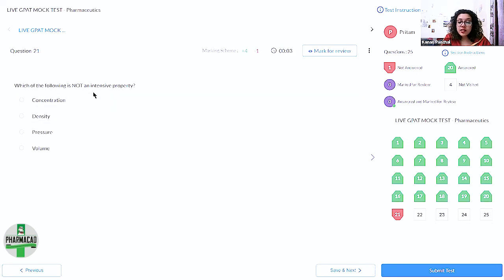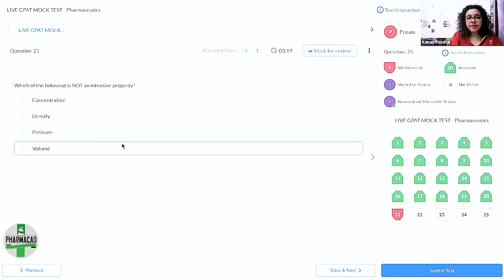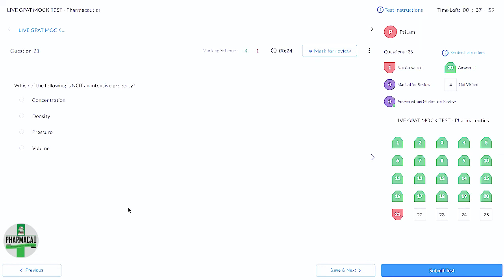Which of the following is not an intensive property? What is an intensive property and an extensive property? Anybody? Ma'am, for intensive property, they do not depend on the amount of the substance. Correct. Who's this? Ma'am, Akshaya. Very good.